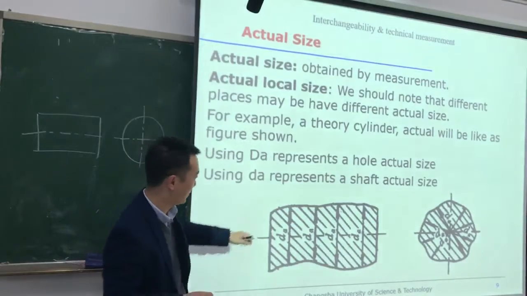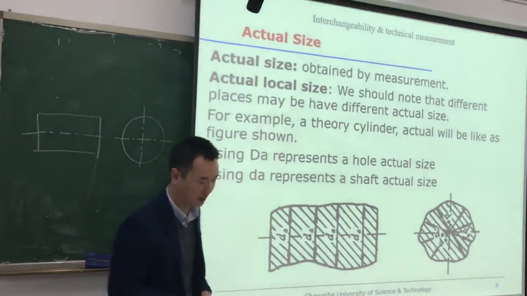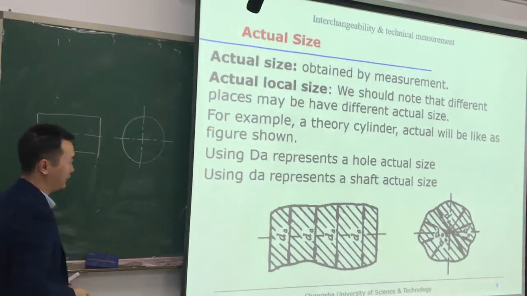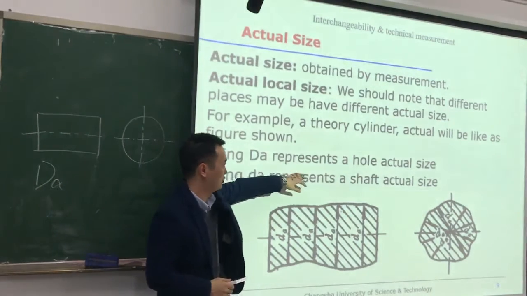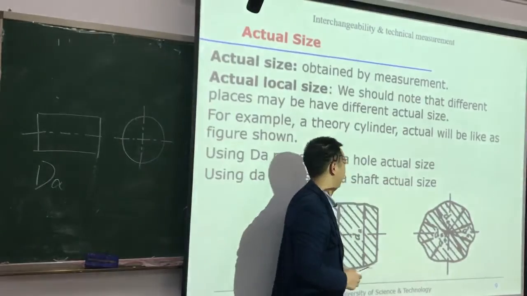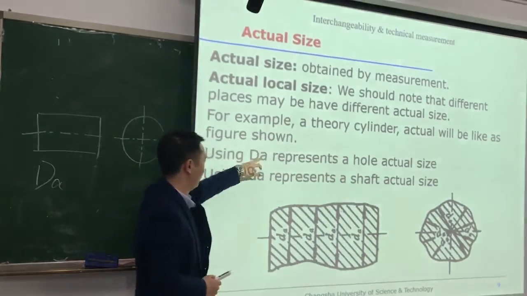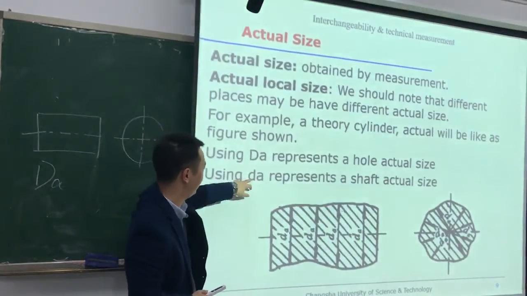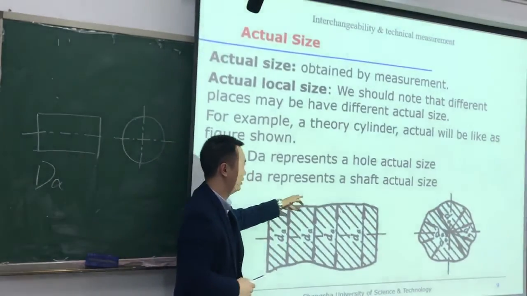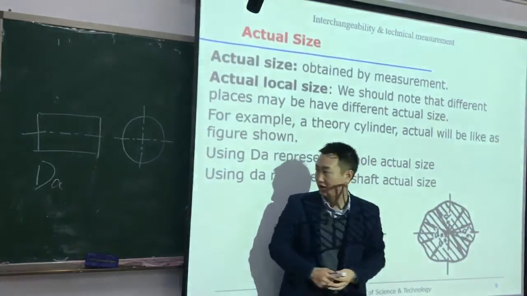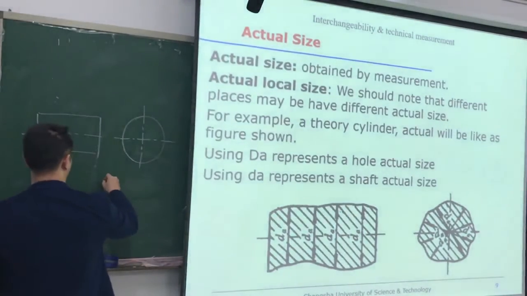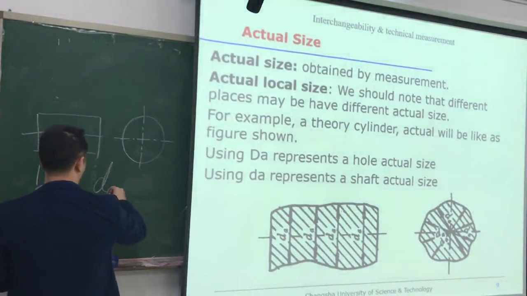We use the capital D to represent a hole's actual size, and we use a lowercase d to represent a shaft's actual size. So we will use these two very often.